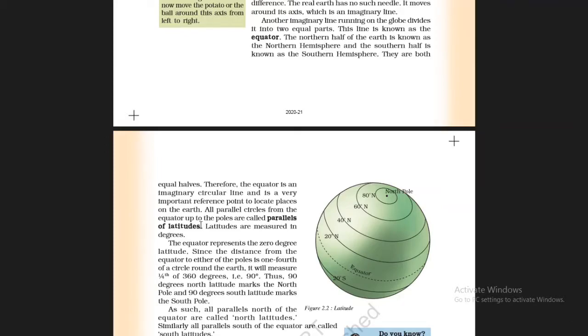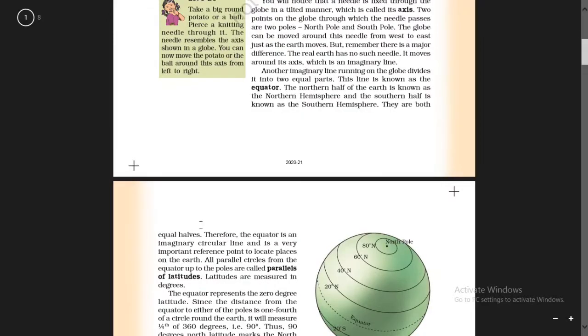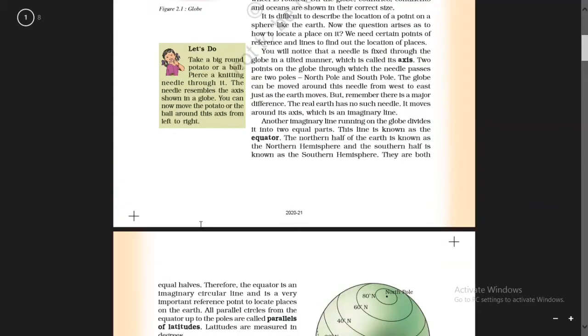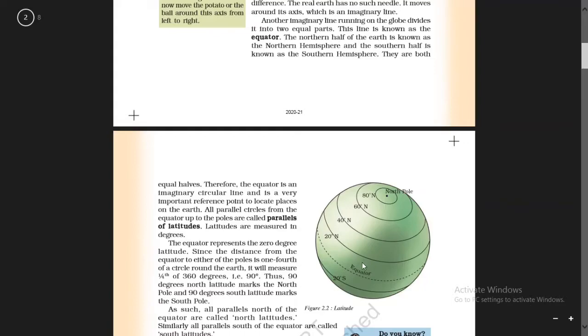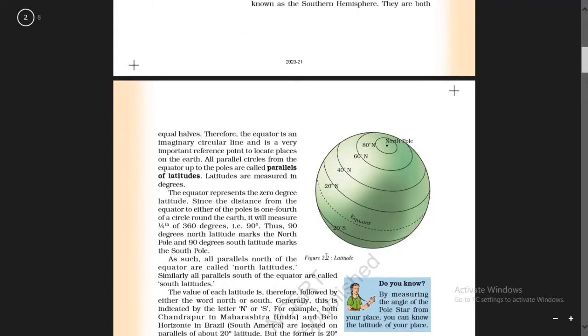Here, see on page number 11, the first diagram. These parallel circles run, and none of the circles meet each other. They are known as parallels of latitudes. Latitudes are measured in degrees.